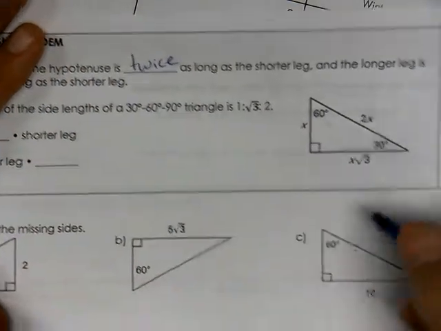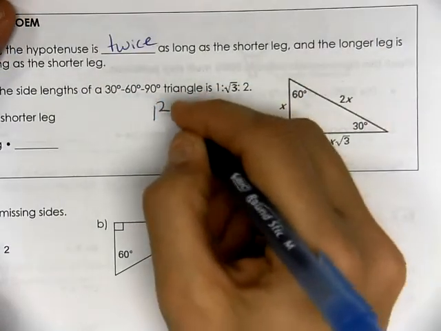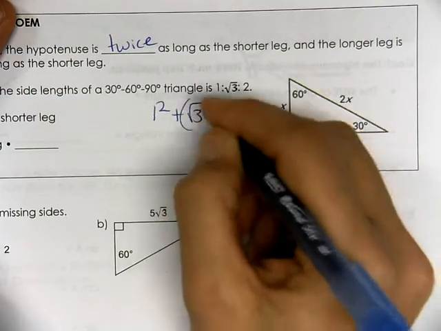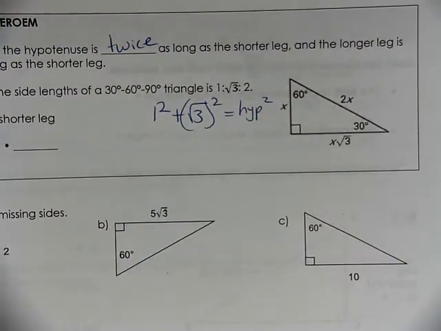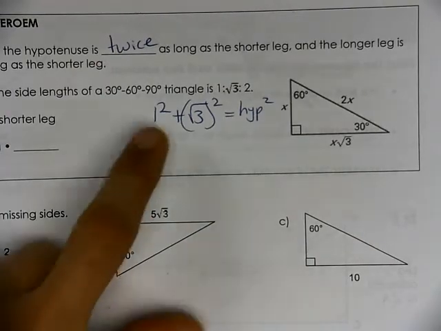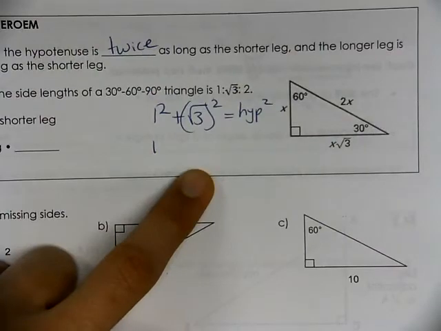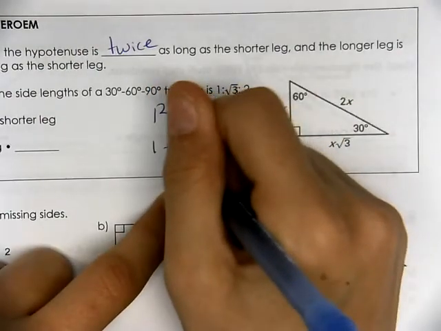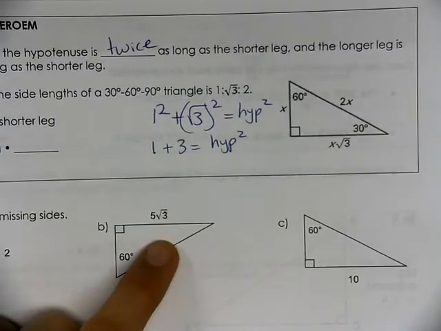Because if I put these two together in the Pythagorean theorem, 1 squared plus square root of 3 squared gives me the hypotenuse squared. What's 1 squared? What's the square root of 3 squared? And then what's 1 plus 3?